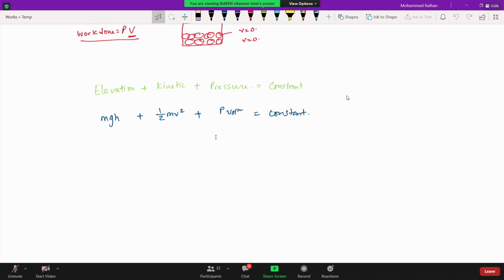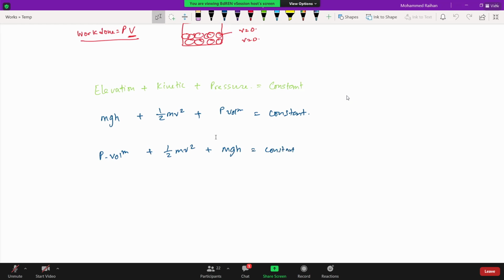Let me rearrange this with pressure at the front and elevation at the back, because that's how it's always written. P into volume, and let me write volume instead of V, because that will be confusing with velocity. Plus half mv square plus mgh equals a constant, right?